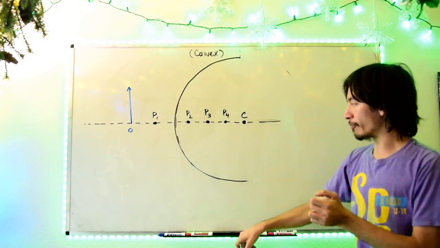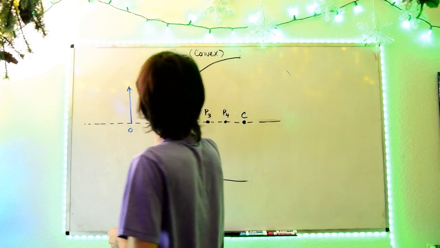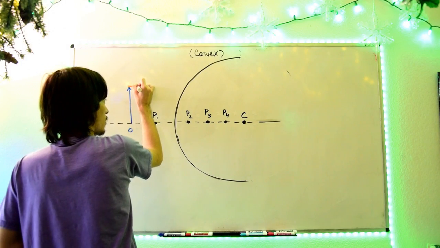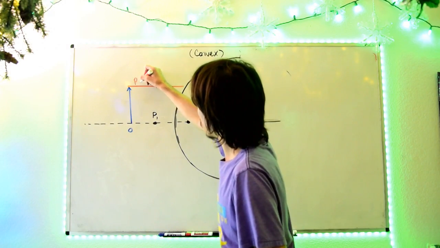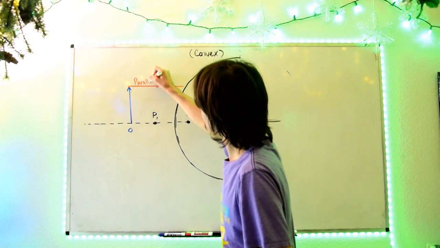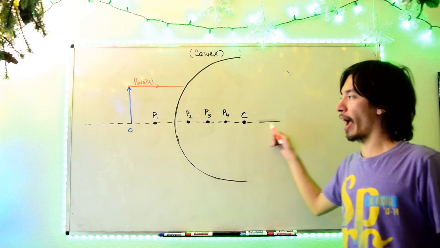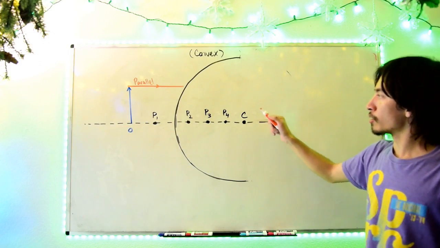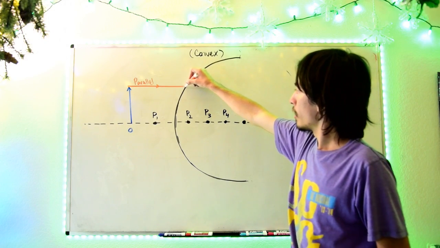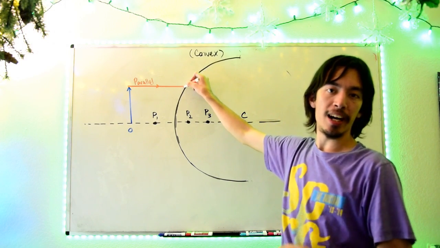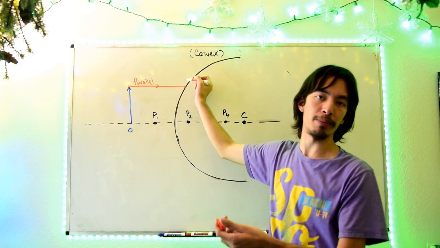I'm going to do the parallel ray, which will start from the top of the object, and it will go to the mirror like this. Parallel. It's parallel to this axis of symmetry here. So it pretty much is flat. Now, this ray, because the light is not allowed to go through the mirror, the only thing that ray can do is bounce off the mirror.